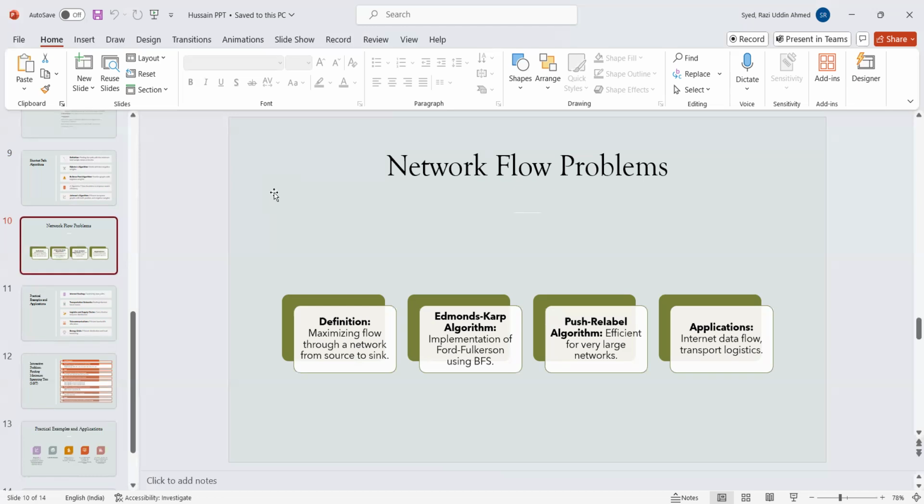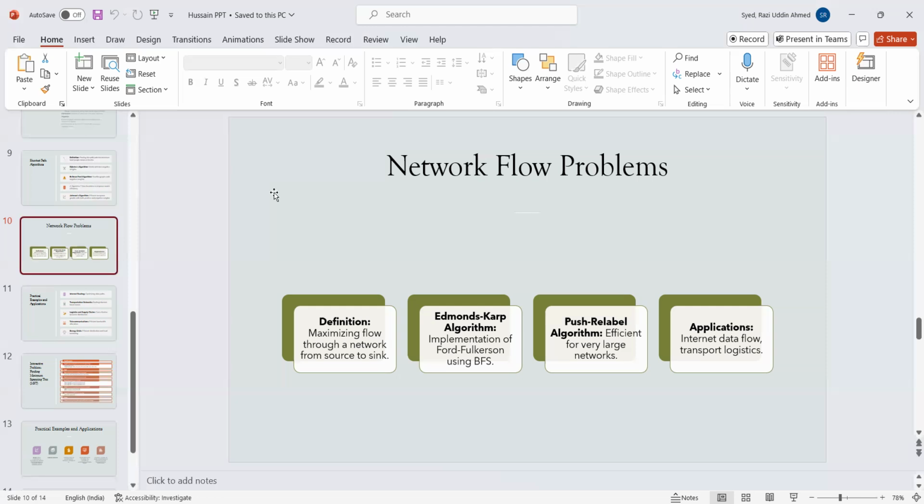BFS is breadth-first search. For initialization, we start by setting the flow to 0, use BFS to find paths from source to sink, and increase flow along the path found, which ensures the maximum flow solution. For example, maximum data transfer in a network of servers.